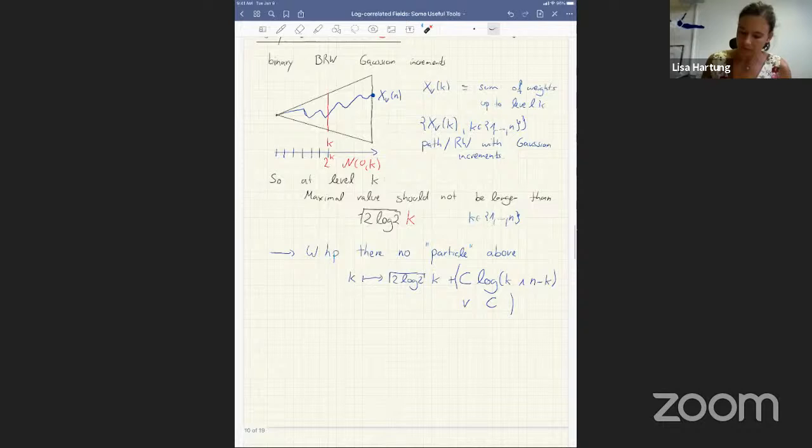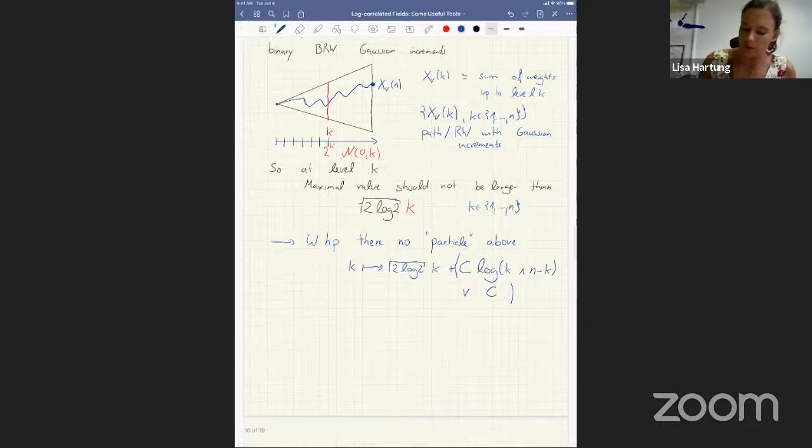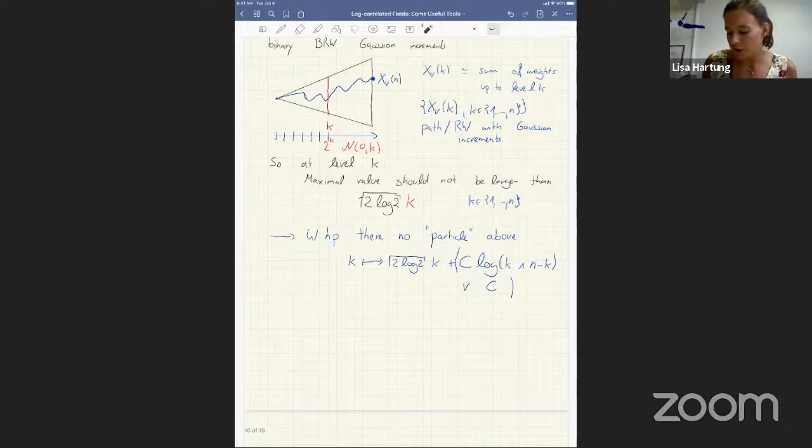So roughly speaking, what we want to say is, we've learned that at a time K, my maximum shouldn't be larger than this. Now I give myself a little bit of wiggle room, because I want this to be true at all levels simultaneously.